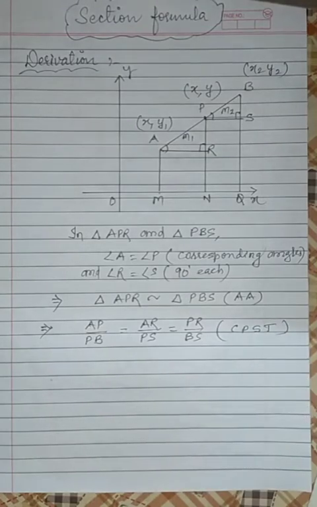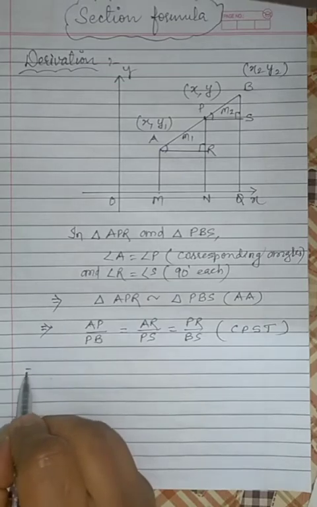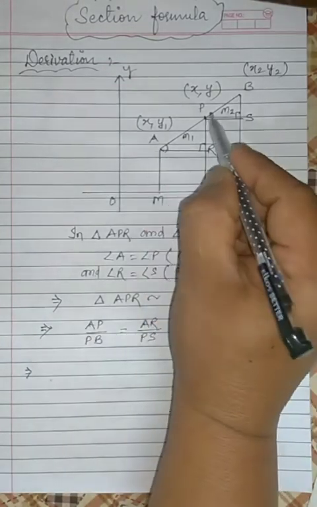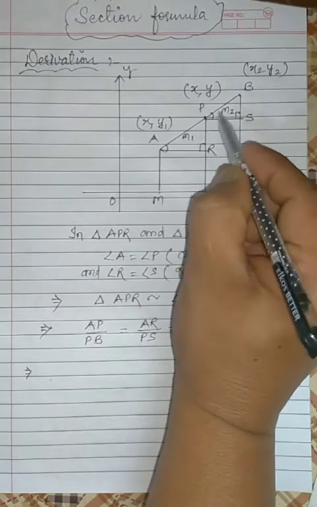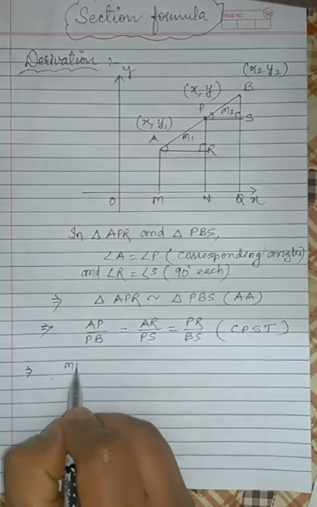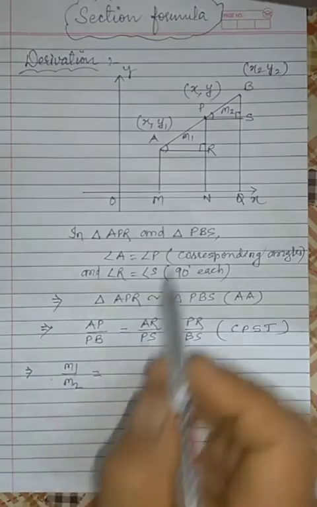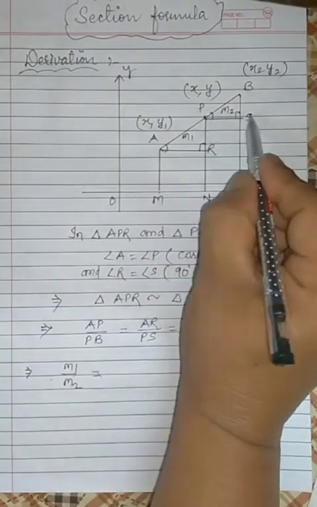Corresponding parts of similar triangles. Now let's take the values of these parts. AP upon PB means M1 upon M2 is equal to AR upon PS.